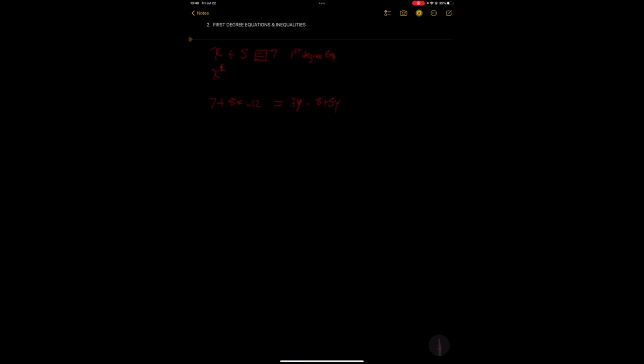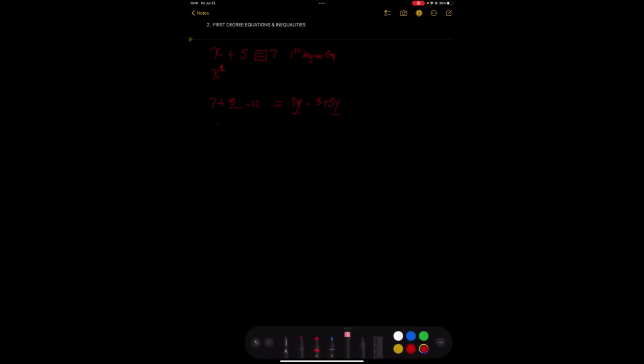Well, we have one 8x, one 3y, and one 5y. Actually, my bad, wrong. This is a y, not an x. I read it wrong. So you have 8y and a 3y and a 5y.